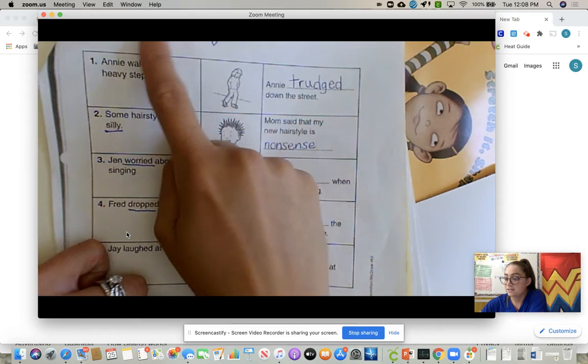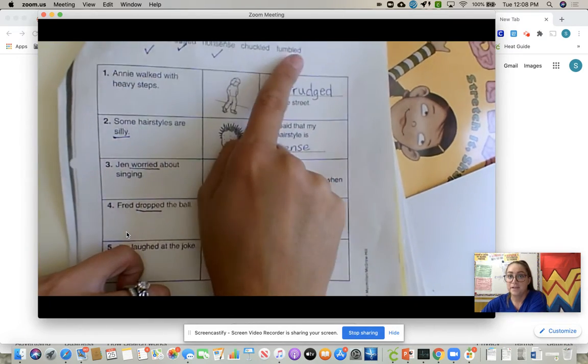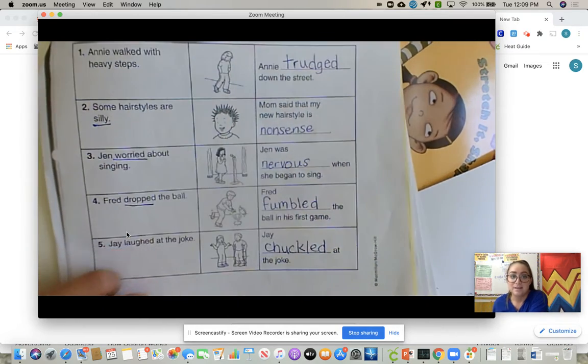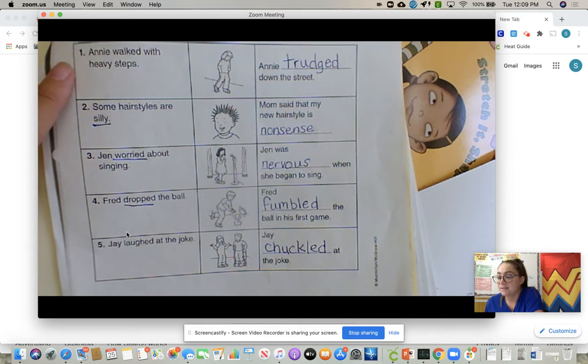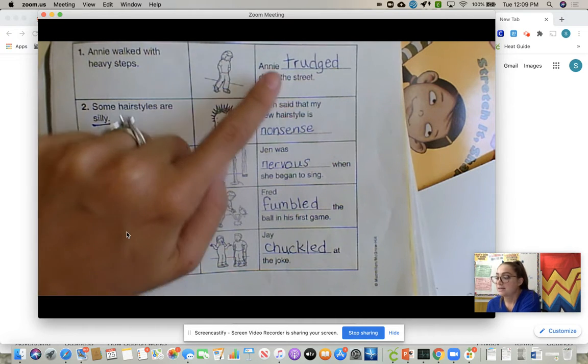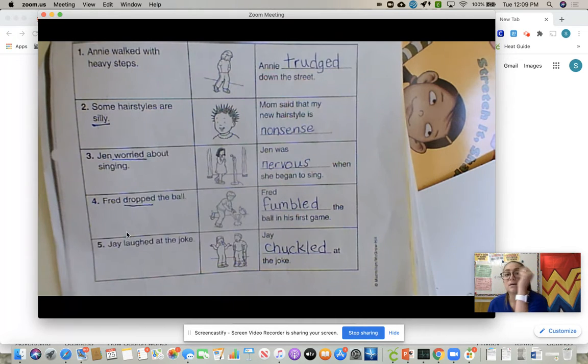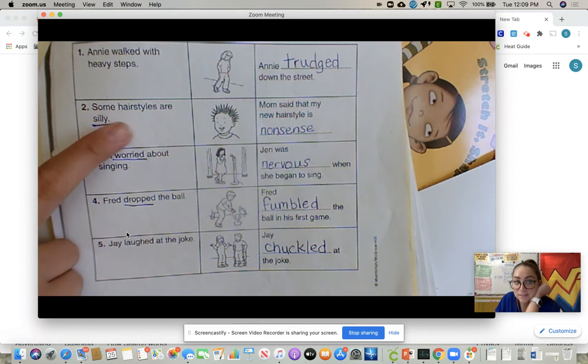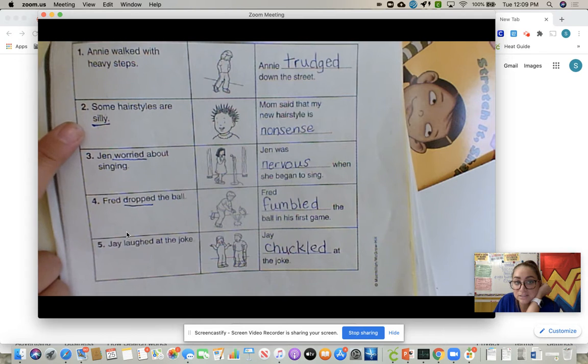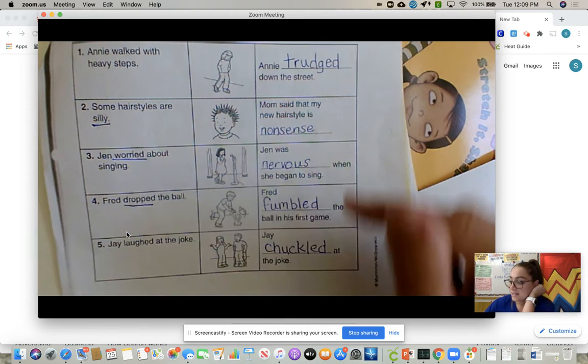So we first read all of our vocabulary words, and then we read these sentences, and they figured out what word would make sense. So I'm just going to skip to silly. So some hairstyles are silly. And then we talked.